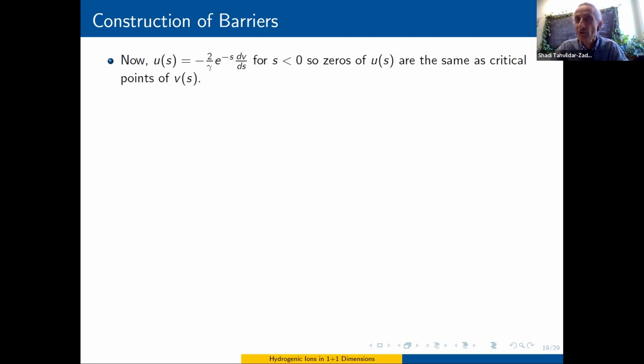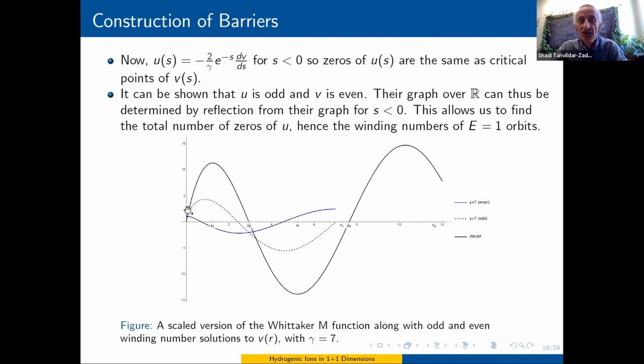So here's the picture of this. The black thing is the Whittaker function, the one that controls everything. The blue curves are the graphs of V as a function of R, right? We have chosen a particular gamma, which happens to be equal to 7. So it's somewhere here.